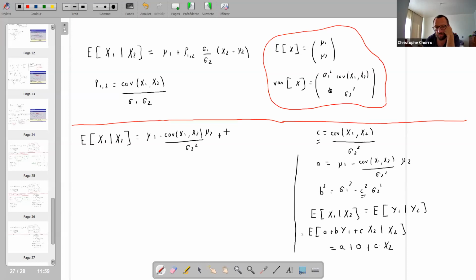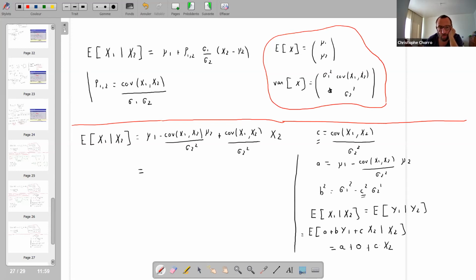C is simply this one, covariance x1, x2 over sigma 2 square times x2. And if I haven't made mistakes, what I obtain is exactly what I want to obtain, that is this term.